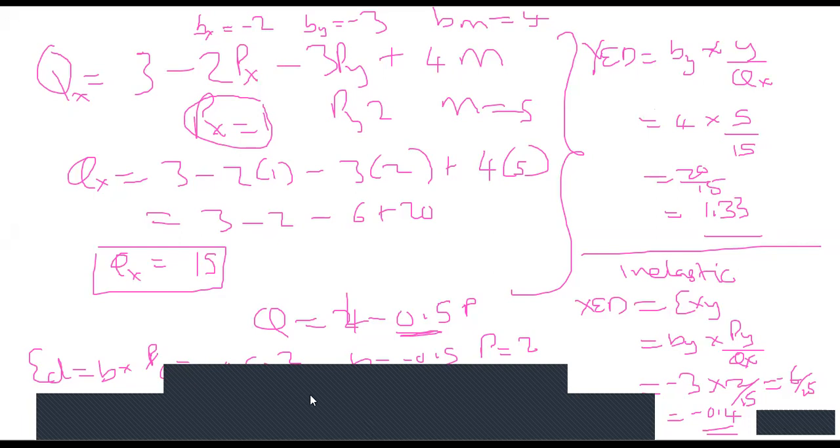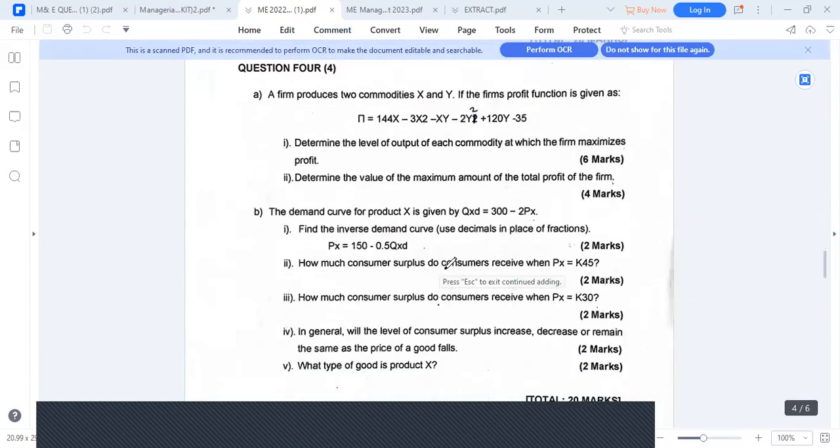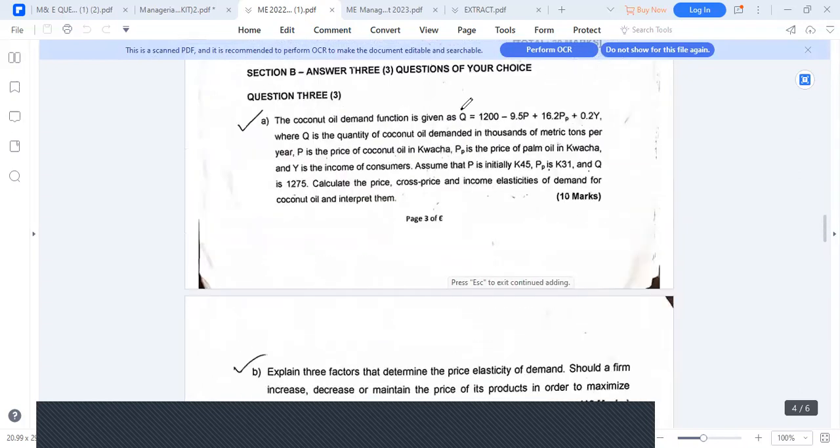Now let's go to the exam. My people perished because of what? Lack of knowledge and understanding. So we're looking at question number 3. We're given this equation here. Just by looking, first of all, we have a function for coconut oil in relation to the price of coconut oil in kwacha, the income, and also PP is the price of palm oil.